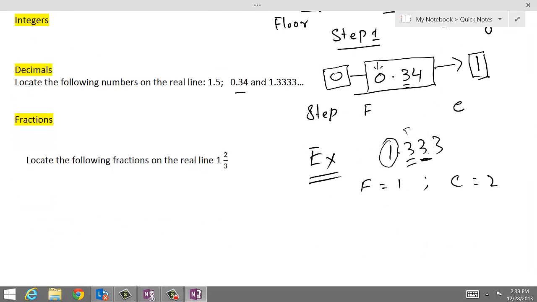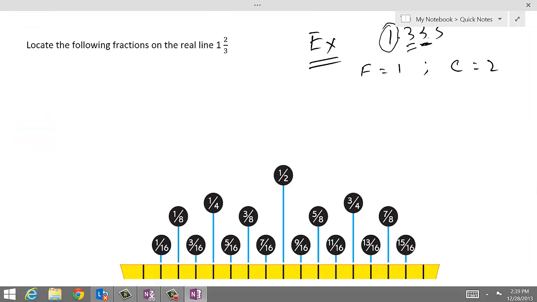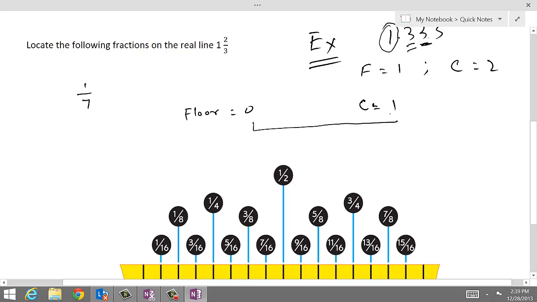Now we are going to take a look at how we can plot fractions. If there is a fraction 1/7, we similarly establish what our floor and ceiling will be. For 1/7, the floor is 0 and the ceiling is 1, so the fraction lies between these two numbers.